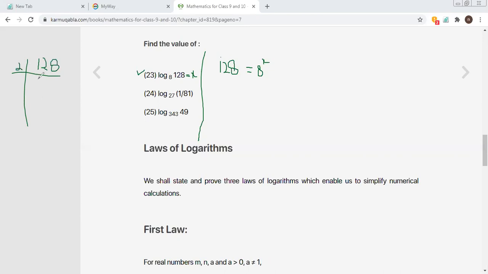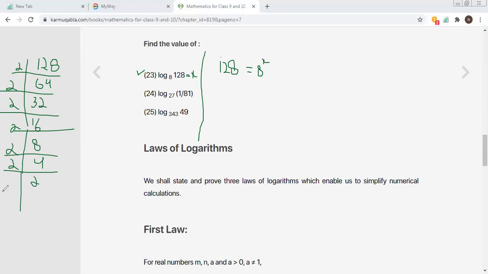2 6s are 12, 2 4s are 8, 2 3s are 6, 2 2s are 4, 2 1s are 2. 2 6s are 12, 2 8s are 16, 2 4s are 8, 2 2s are 4, 2 1s are 2.